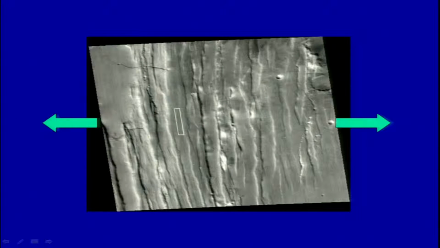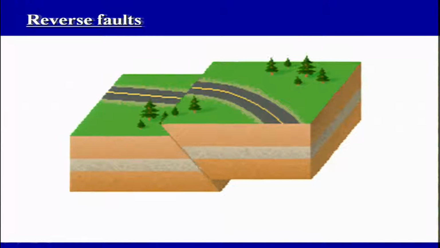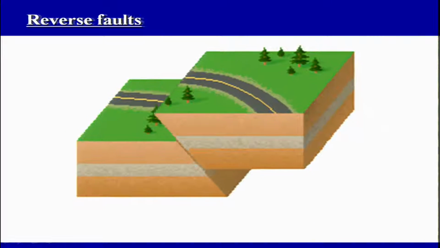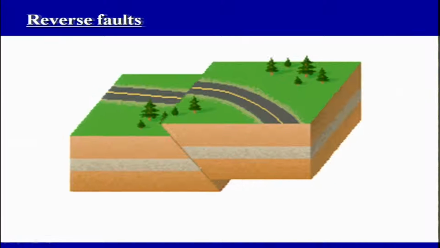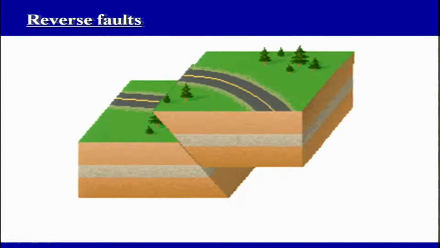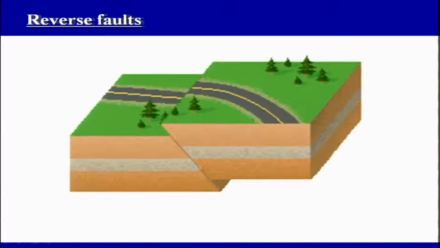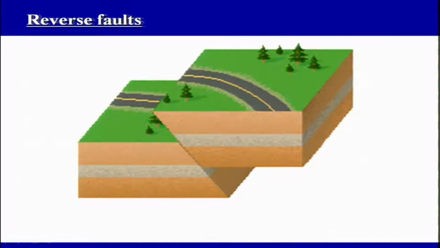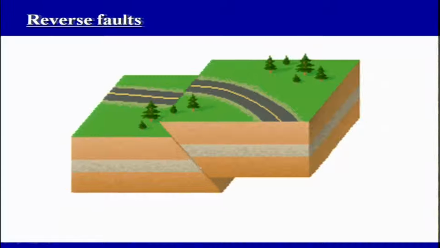So extension. Now coming to the reverse fault. As we were talking about, in a strike slip fault, one block will move towards us or away from us along the strike, and in combination you will have the movement taking place up along the dip.